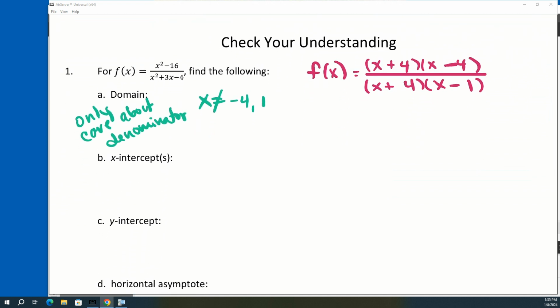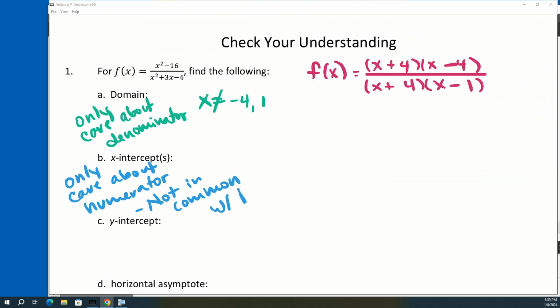And then for the x-intercepts, we only care about the numerator. And then we want the factors not in common with the denominator. So what I would do, even though we're not really doing a whole problem today, if there is a common factor on the numerator and denominator, I would box it up.